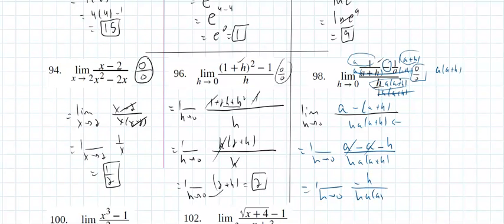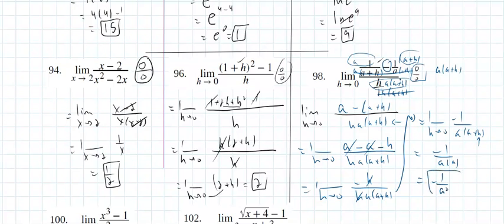And what do you notice? I'm left with the limit as h approaches 0 of negative 1 over a into a plus h. And we get, if you substitute 0 in for h, that's negative 1 over a times, and if that's 0, that's just a, and that will be negative 1 over a squared.